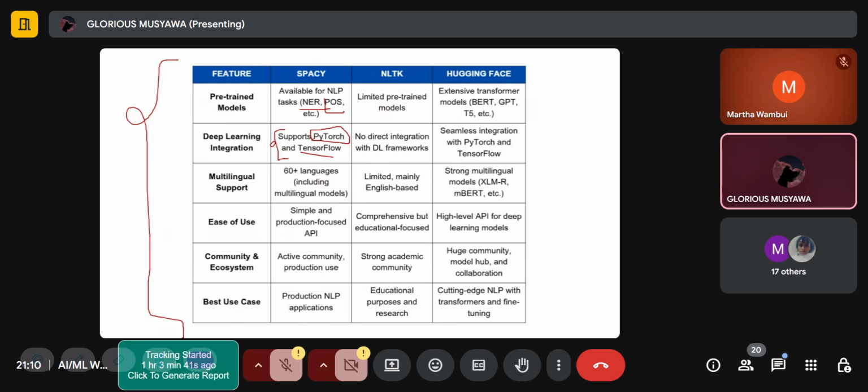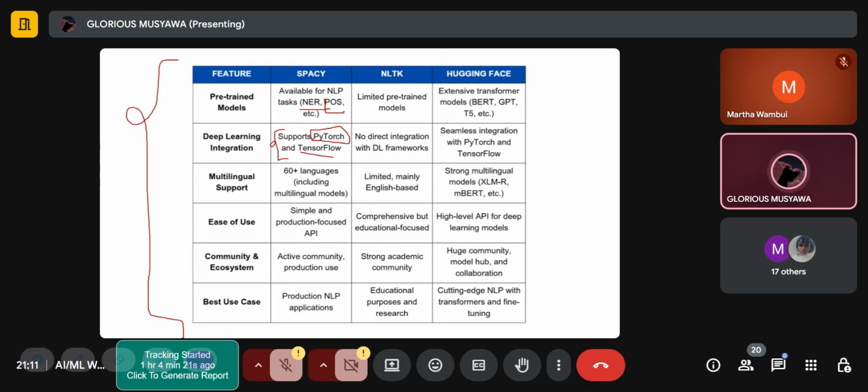You'll find people who have gone through the same challenges and have been able to overcome them. So community makes it easy for projects, because when you're stuck and can ask a question and get an answer, it becomes easy when you're doing your personal projects. You won't get stuck. And it is used for production NLP applications. That's the spaCy library.